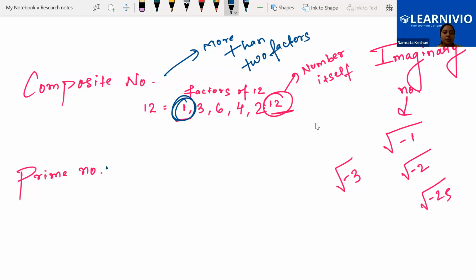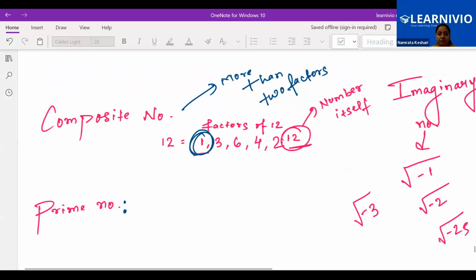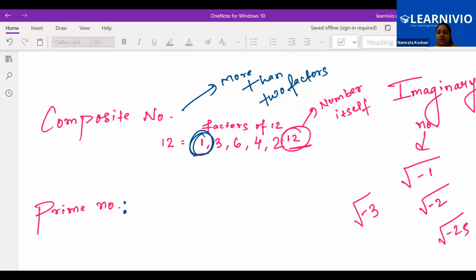What about prime numbers? Anyone? Numbers that are divisible by itself. Just a second.